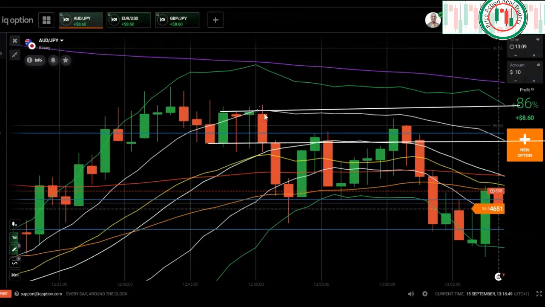You see this 1, 2, 3 candle engulf this weak candle. Then you see the market close with the rejection, put option. Then here as well, you see this strong green candle engulf this red candle.